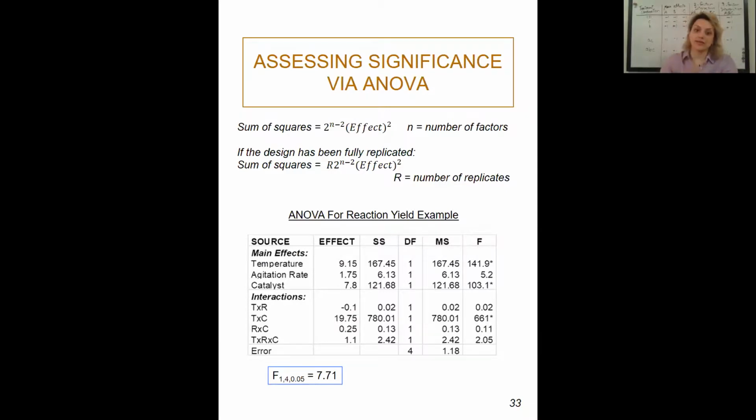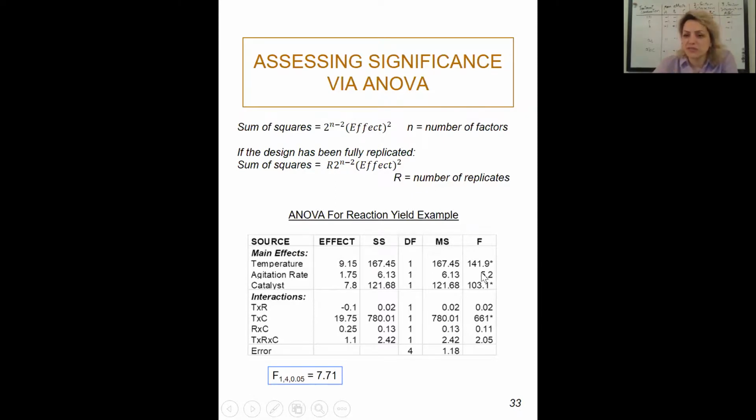For example, temperature is significant, catalyst is significant. It means that in our regression model, we need to keep them. The interaction of T and R is not significant: 0.02 is less than 7.71, right? But this one is 661, so this is significant. So definitely you need to keep them in your model.